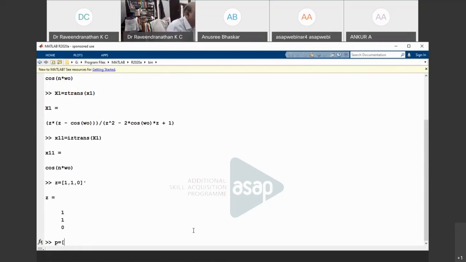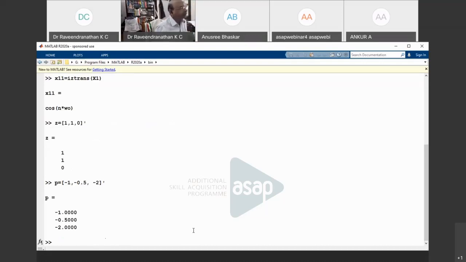So write it similarly, minus 1, 0.5, and maybe a pole at 0, so minus 2, right? And so you can have this zplane of Z comma P.